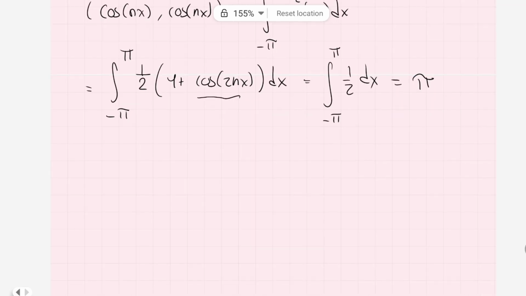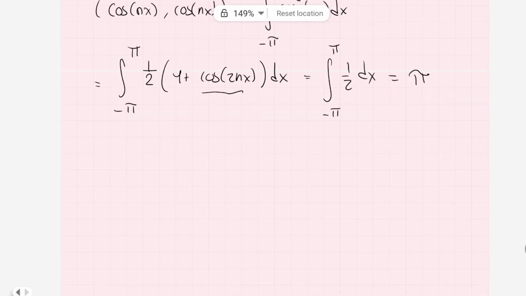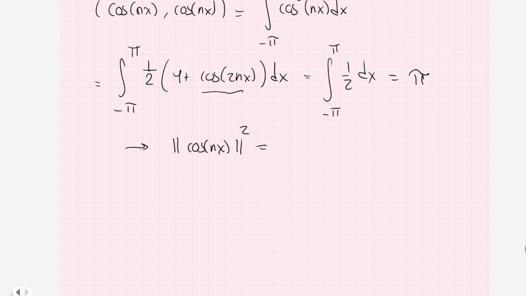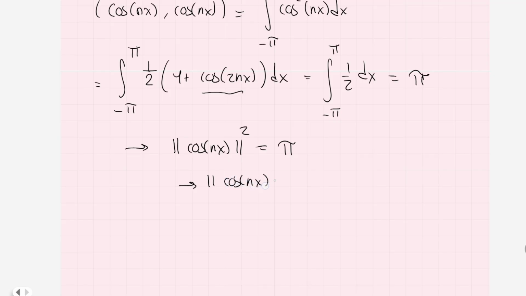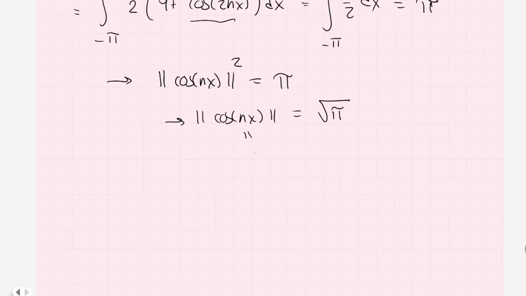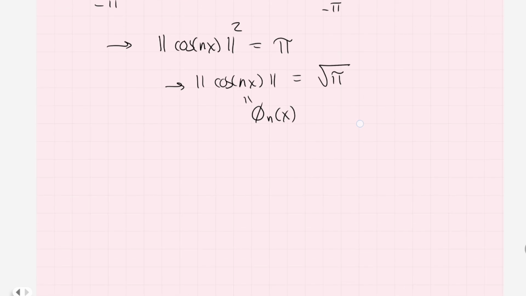So every element of the set, we need to divide it by something to get the orthonormal set. We know that this inner product is defined as the magnitude of cosine of nx squared, and we see that it is equal to pi. That means that the magnitude of cosine of nx is equal to the square root of pi. And this can be seen as Vn of x.